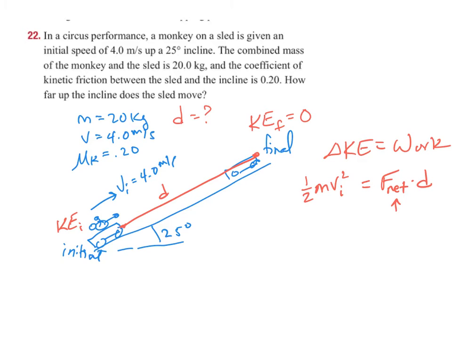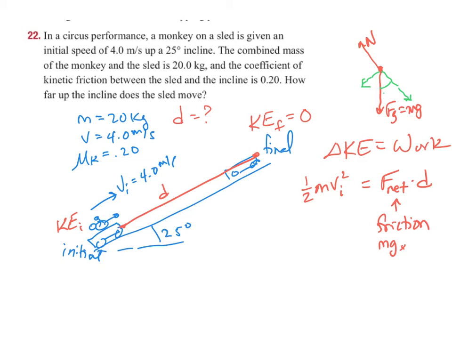And the force acting on this guy is friction opposing us. But it's not just friction, you also have mg, the x component of mg. Remember from our free body diagram days, we always have gravity pointed down. We've got components of gravity that act parallel and perpendicular.